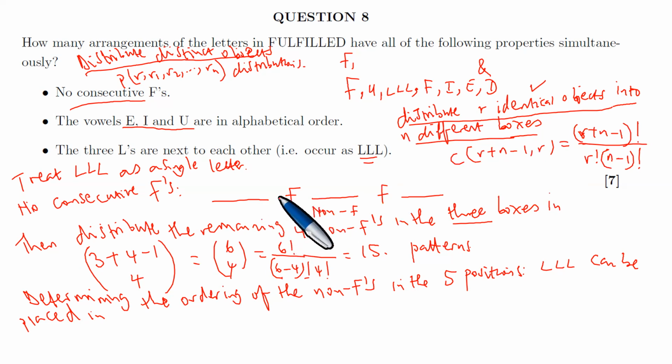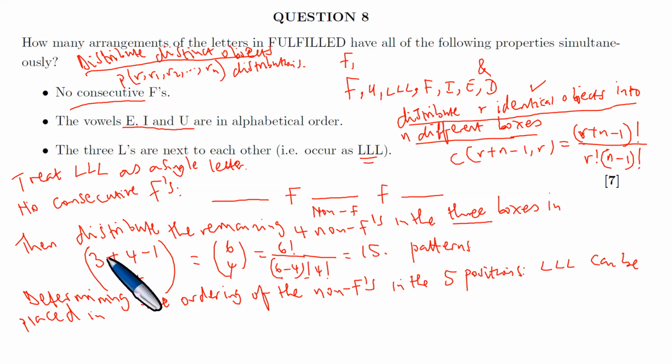Because the condition is that we have no consecutive Fs, and there are only 2 Fs in the word, we need to separate them and put symbols in between, before and after, so that they are non-consecutive. That gives us 3 boxes. In this formula, n stands for the number of the boxes, and there are 3 of them. So we'll put n as 3.